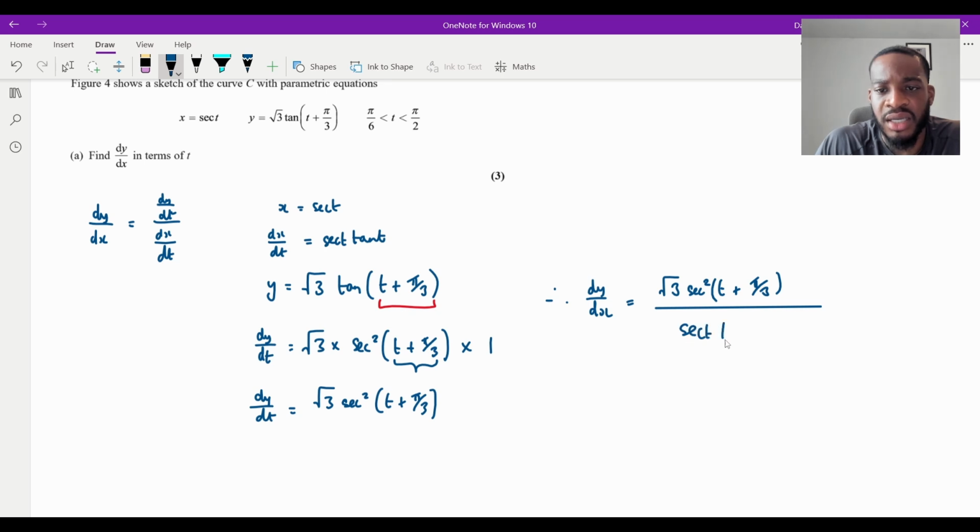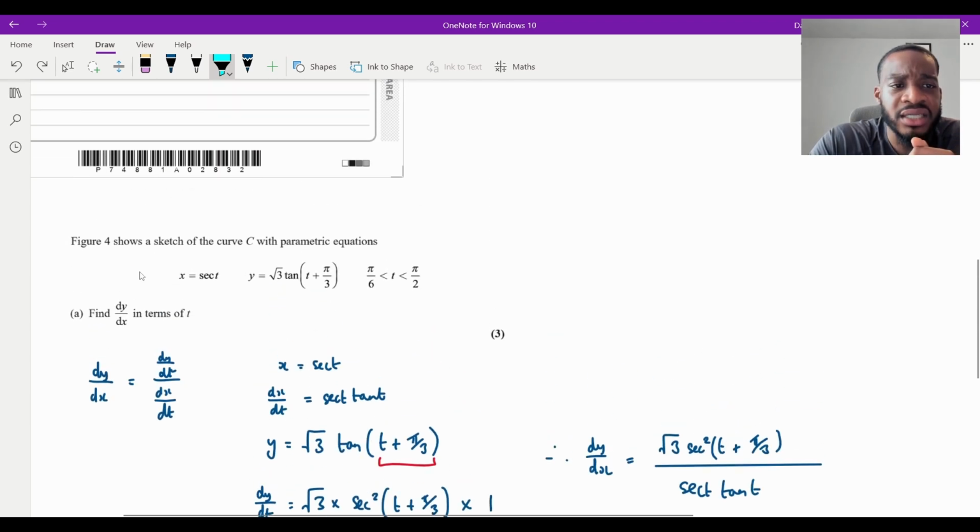Sec t tan t. Now, don't get carried away because we can see a sec and a sec squared here. The arguments are different, so the expressions inside the angles are different, so you can't just cancel. But literally, that will be it for part A. So part A is done.